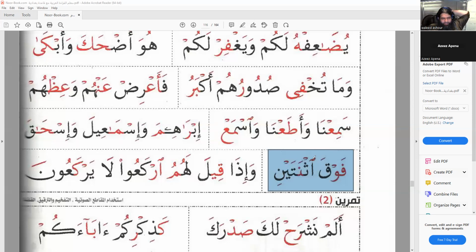Yeah, yeah. So in the Quran, when we end a sentence, we drop the last vowel.